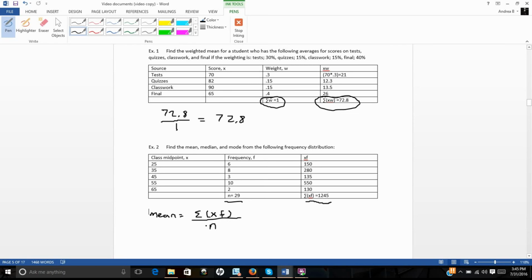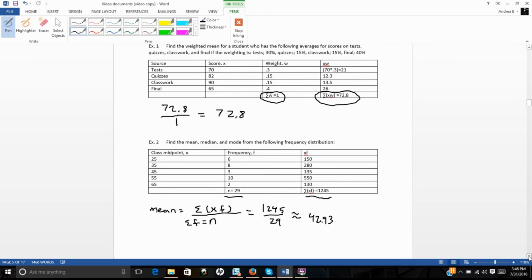And remember, another way of thinking of n is that it's the summation of your frequency column. So in this case, we do the 1,245 divided by 29. And if we round that, we get approximately 42.93 for the mean of that data, or your average.